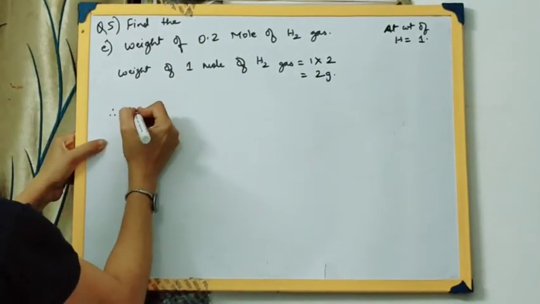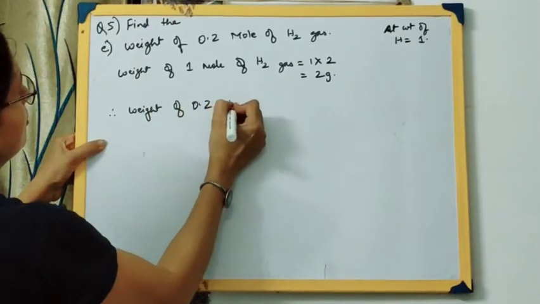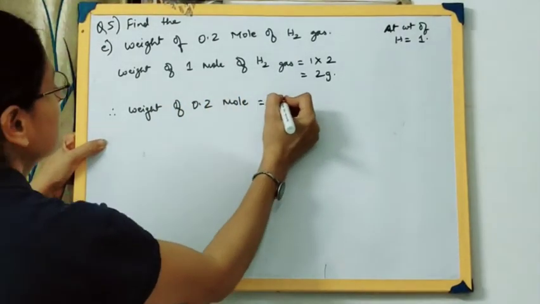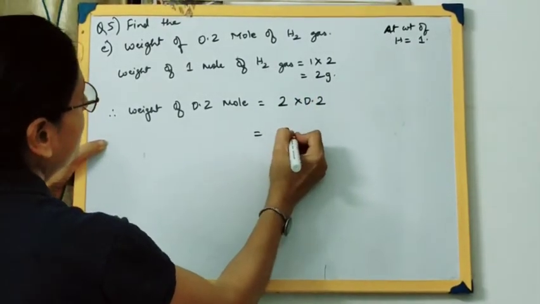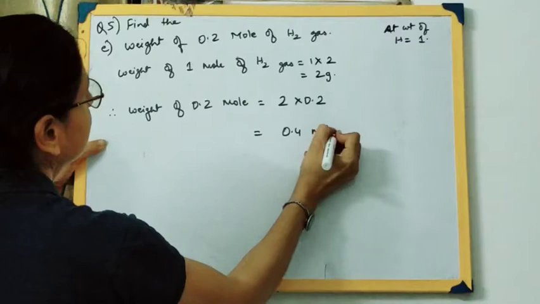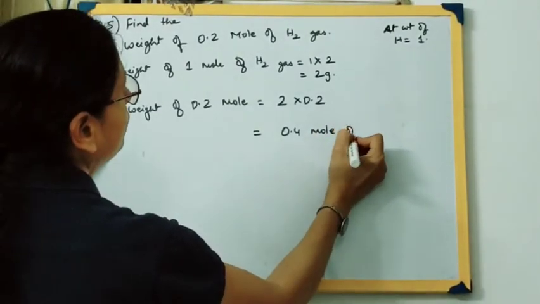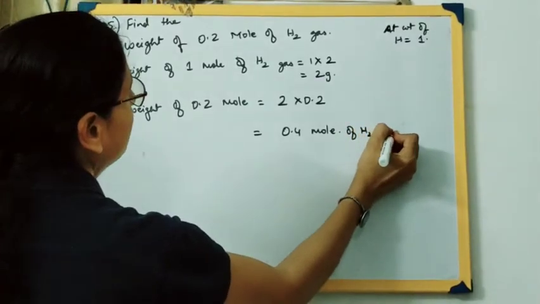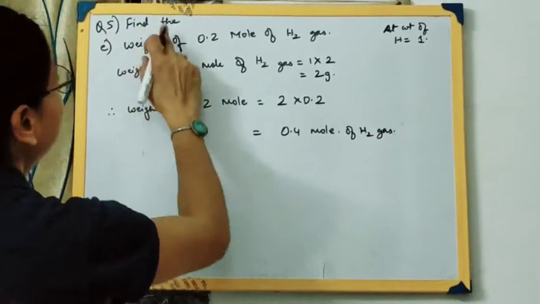Therefore, the weight of 0.2 mole, what we'll be doing, there is 2 into 0.2. So that will be equal to 0.4. Sorry, we are finding the weight.